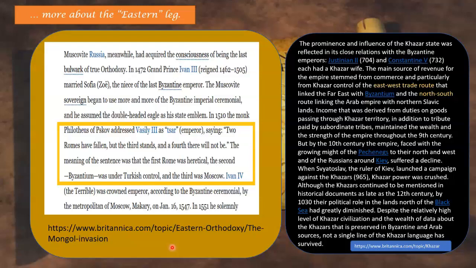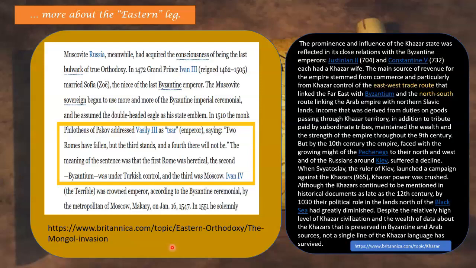But by the 10th century, the empire, faced with the growing might of the Pechenegs to their north and west, and of the Russians around Kiev, suffered a decline. When Sviatoslav, the ruler of Kiev, launched a campaign against the Khazars, 965, Khazar power was crushed.